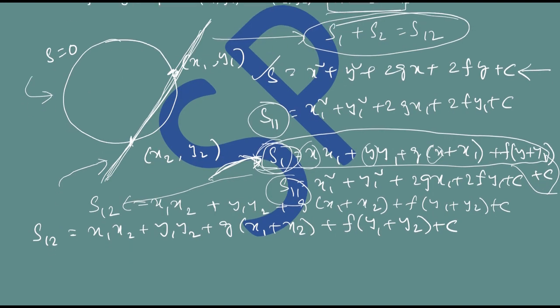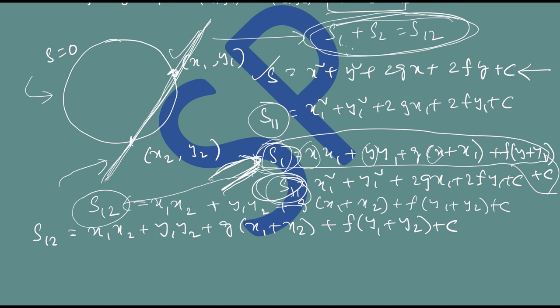To show that it satisfies those 2 points, let me show that this is satisfying this point first. Substituting x1 y1: we just observed, in S1, if we put x1 y1, it becomes S11, and in S1, if I put x2 y2, it becomes S12.